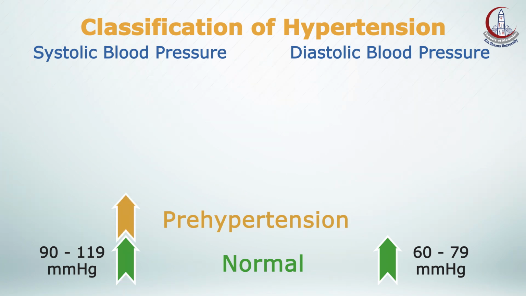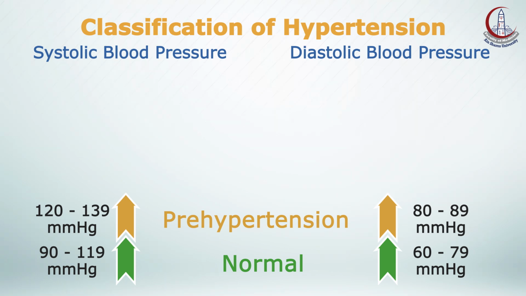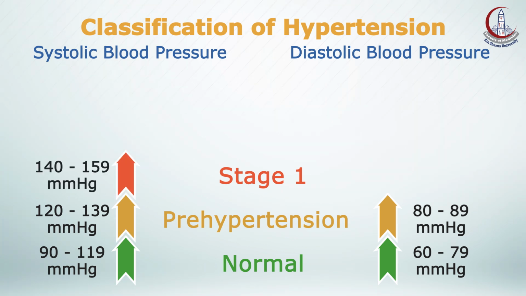the systolic blood pressure is between 120 to 139 millimeter mercury and diastolic blood pressure between 80 to 89 millimeter mercury. Stage 1 hypertension has a systolic blood pressure between 140 to 159 millimeter mercury and a diastolic blood pressure between 90 to 99 millimeter mercury.